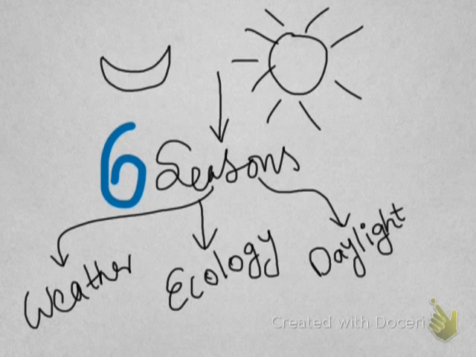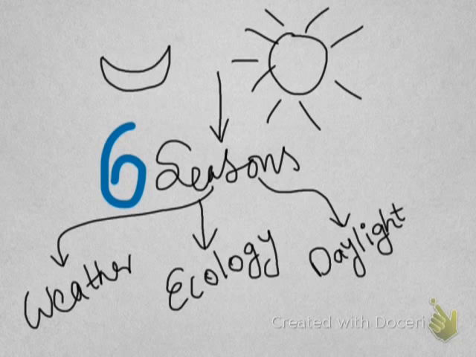They identified 6 different weather conditions by closely observing the weather, ecology, and the amount of daylight. For each condition, they gave a name and they came up with 6 seasons.